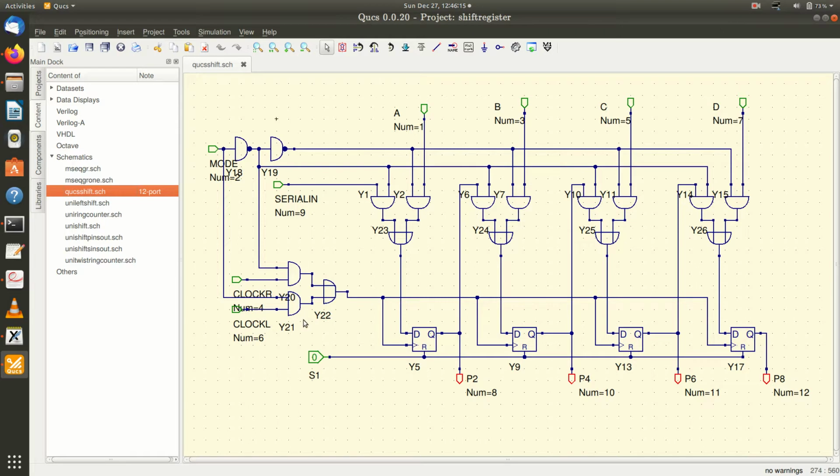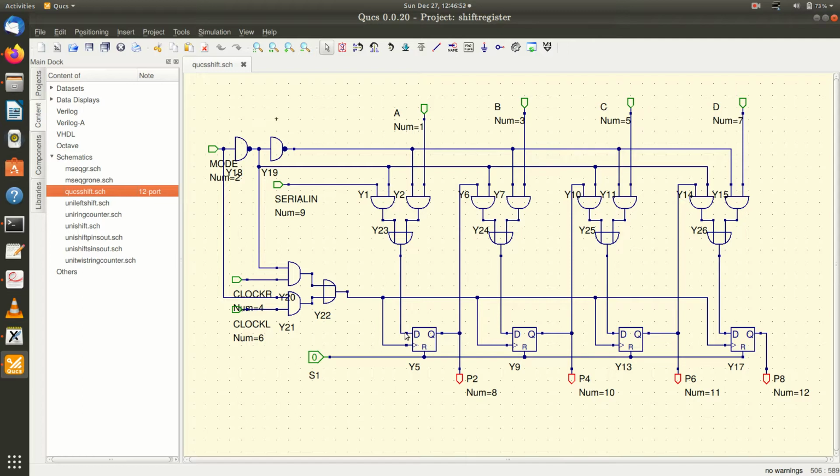The setup is for a left shifting operation, but for that, instead of this parallel data, P8 should be connected to the parallel input of the preceding stage, and the output of that preceding stage should be connected to the parallel input of the stage before that, and so on. So I have to connect this externally.